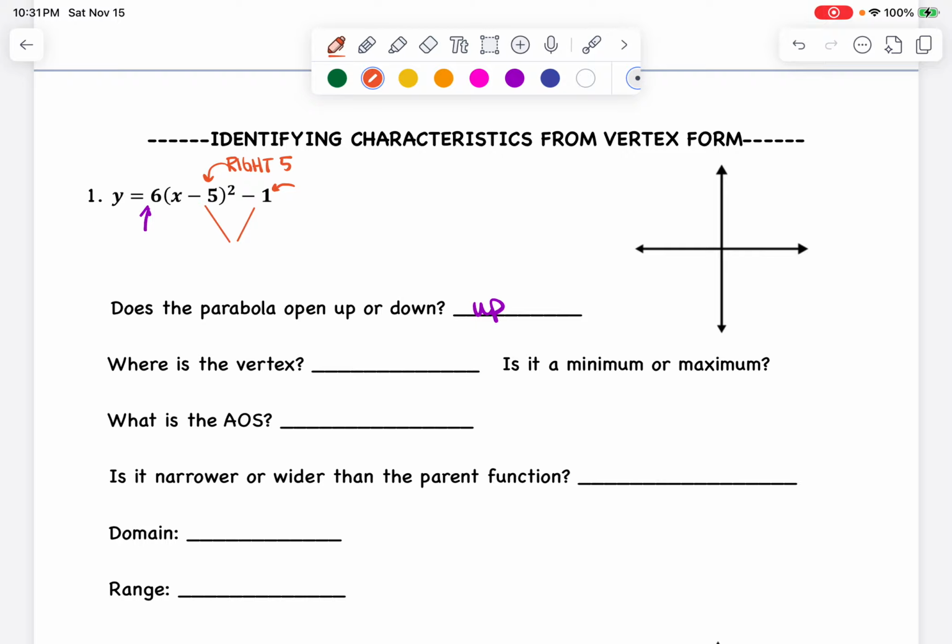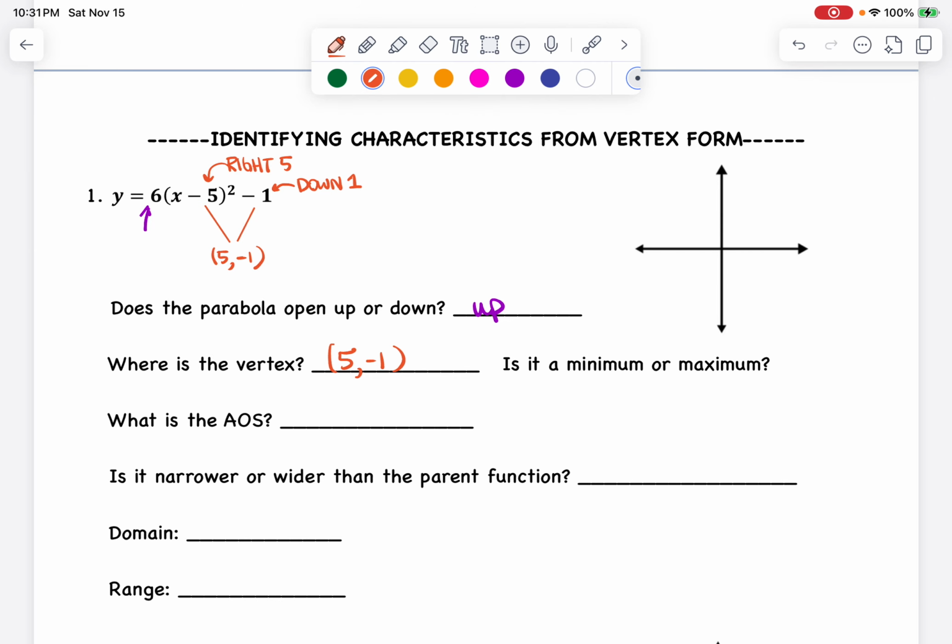And when I see a minus 1, that means I went down 1. Well, then it makes perfect sense that if I start at the origin, because that's where my parent function's vertex is, and I move right 5, I'm at the coordinate 5, and then I go down 1, so I'm at the coordinate (5, negative 1). And so that is our vertex.